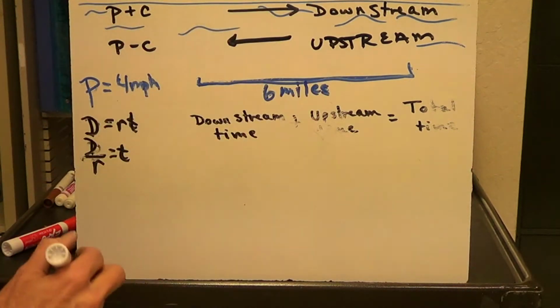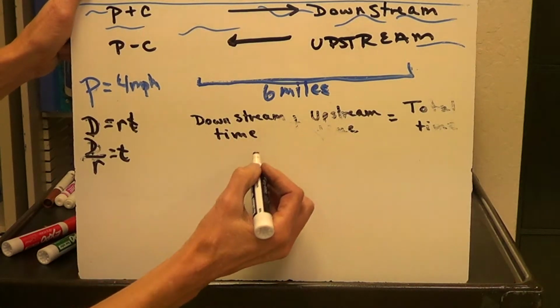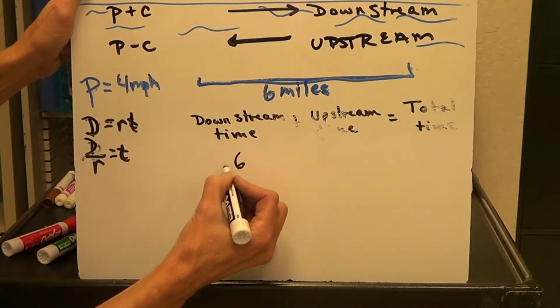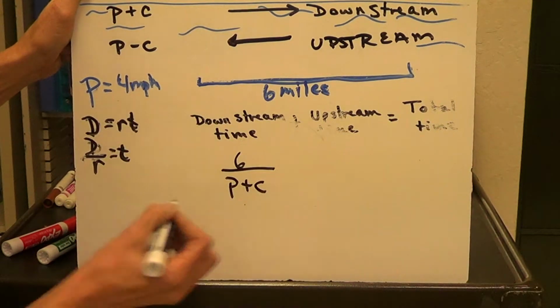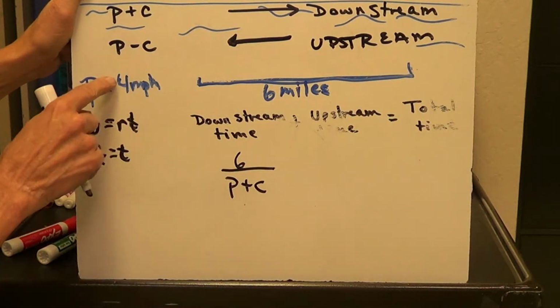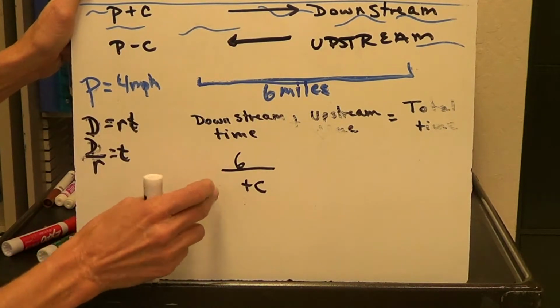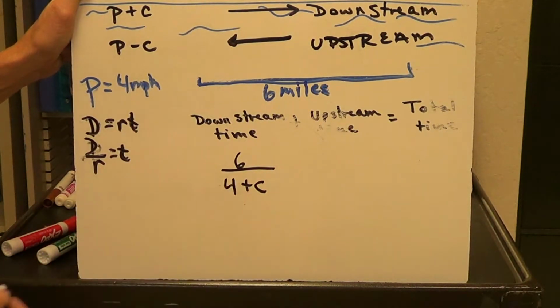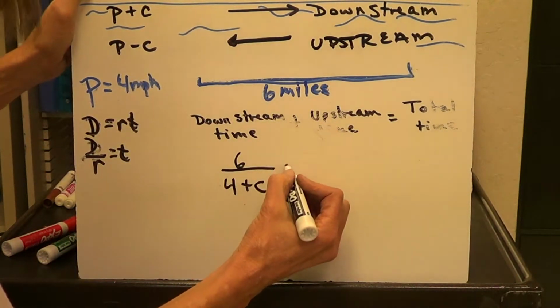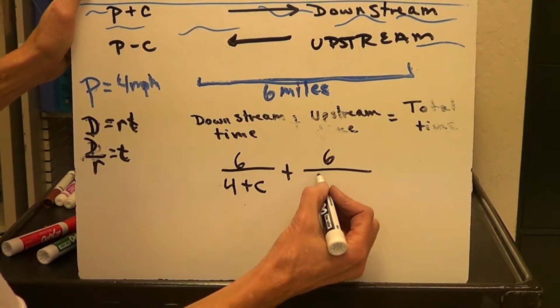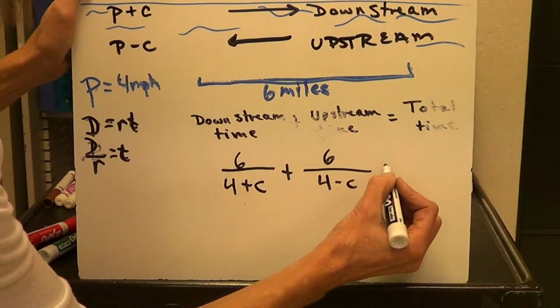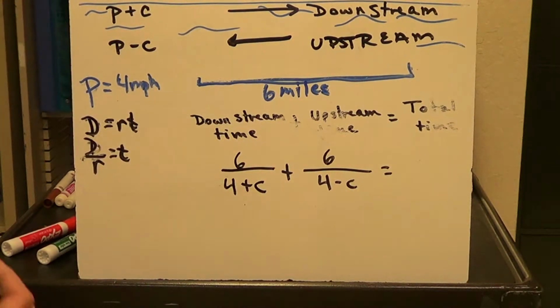So downstream, our distance is 6. Our rate is p plus c. Paddle speed plus current speed. Now we know the p is 4, so we're going to go ahead and put that in there. Now, we add to that our time coming back upstream, 6 miles, and it's 4 minus c. Okay?